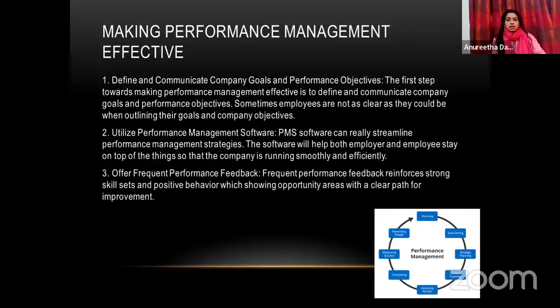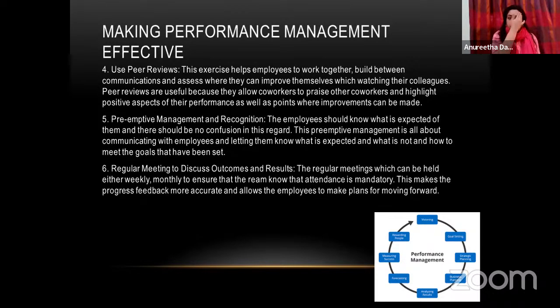Next is to utilize performance management software, to streamline things and help employees stay on top so that the company runs smoothly and effectively. Offer frequent performance feedback. I think I told you the importance of feedback at every point. Planning and feedback are so important because they help us improvise and bring about positive behavior.